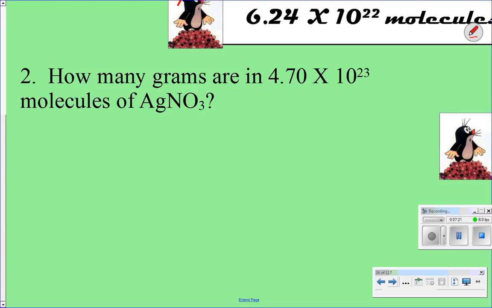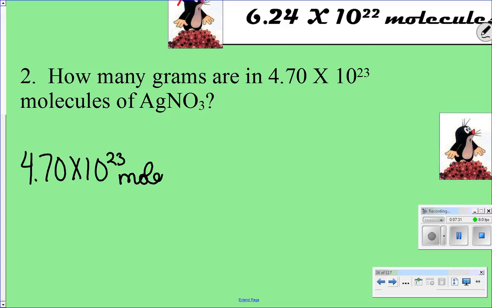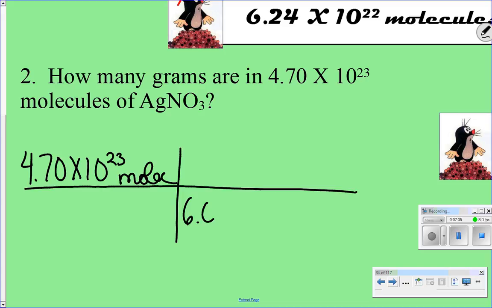The next one, we're starting with molecules and going into grams. 4.70 times 10 to the 23rd molecules. Our first conversion factor should get rid of molecules for us, so we're going to put them on the bottom. That's how many molecules are in 1 mole.